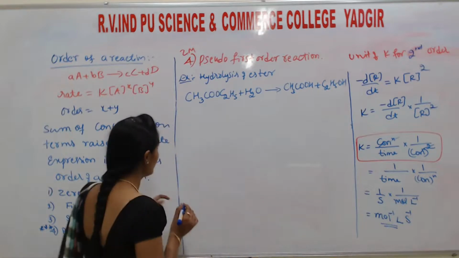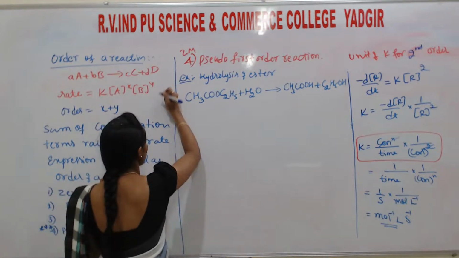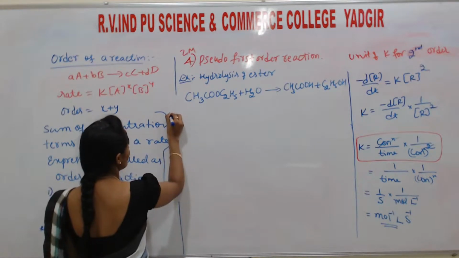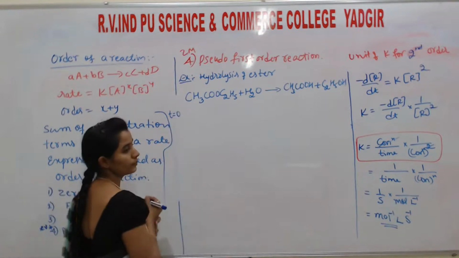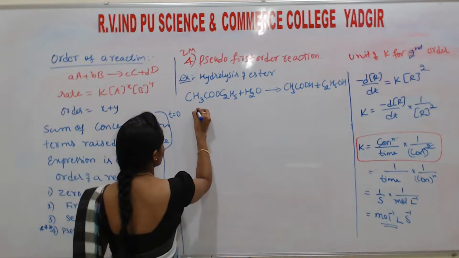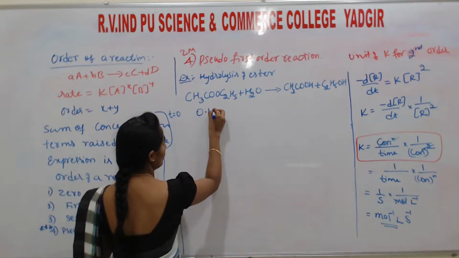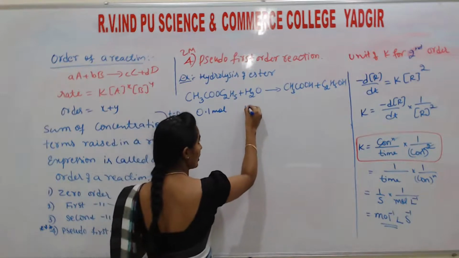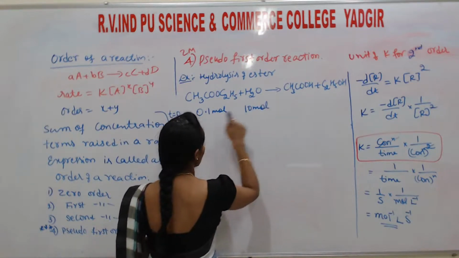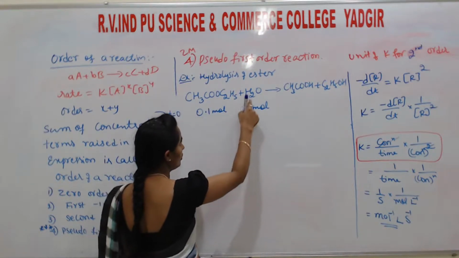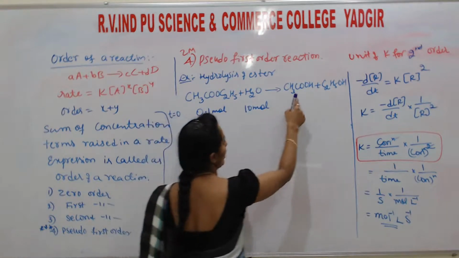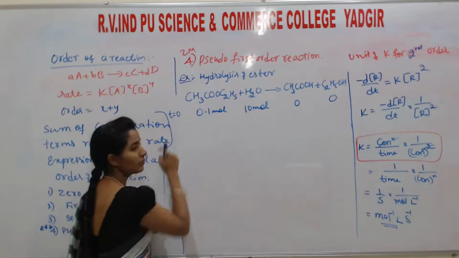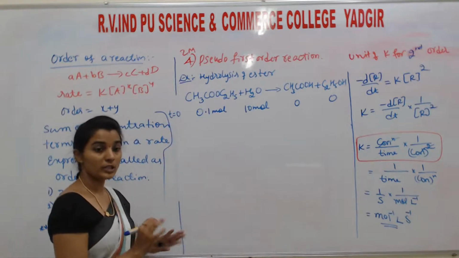So students, listen: initially at time 0, assume the ester is 0.1 mole, the water is 10 mole, and the products are 0 and 0 when time is equal to 0.